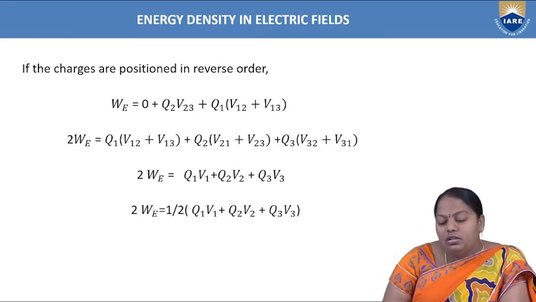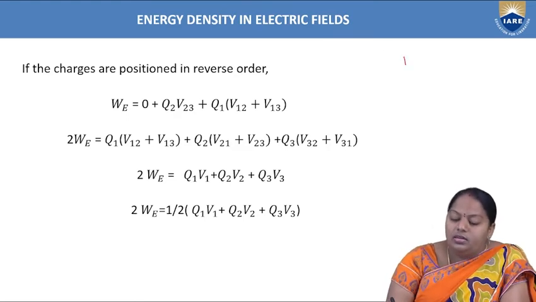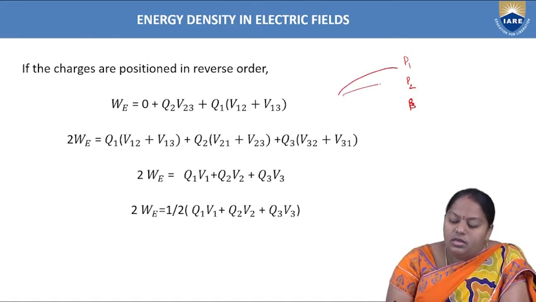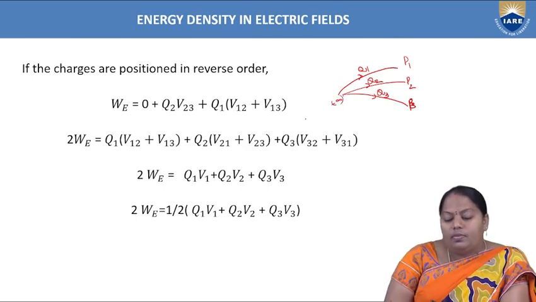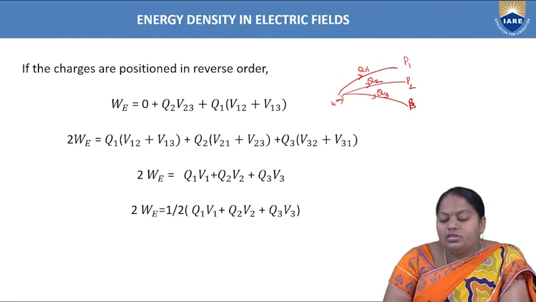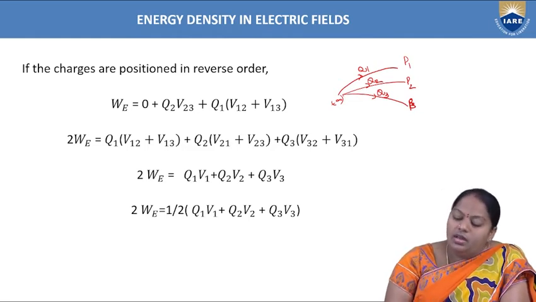If you consider that the order is P1, P2, P3, then in order to assemble the 3 respective charges Q1, Q2 and Q3, the previous equation is obtained. So now we want to position the charges in the reverse order, means in the descending order like P3, P2 and P1, and the charges are also represented in reverse order.